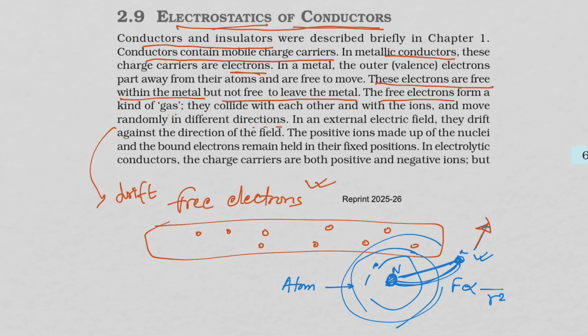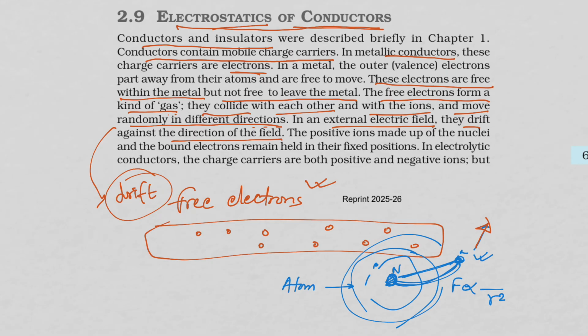Now the free electrons form a kind of gas. They collide with each other and with the ions, and they move randomly in different directions. In an external electric field, they drift against the direction of the field.